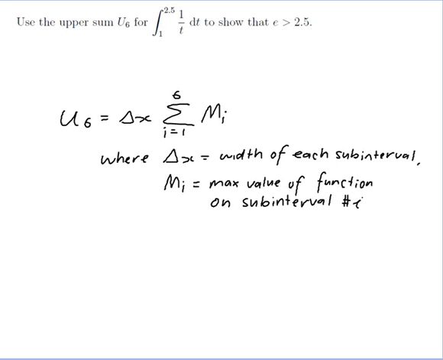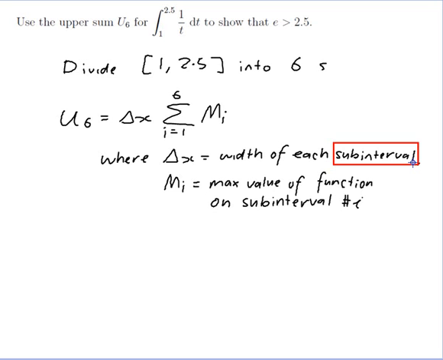Excellent. Now, is there anything else I need to say there? Yes, I've mentioned subintervals here, but I haven't told my reader what the subintervals are, so I should put that up here. Divide the interval I'm integrating over, which is 1 to 2.5, into 6 subintervals.